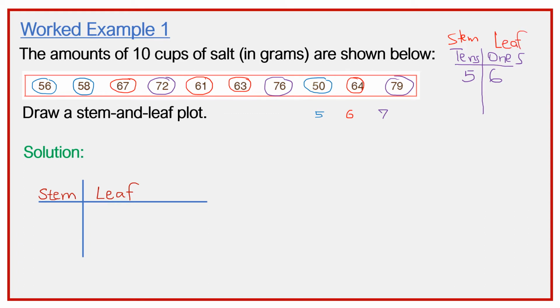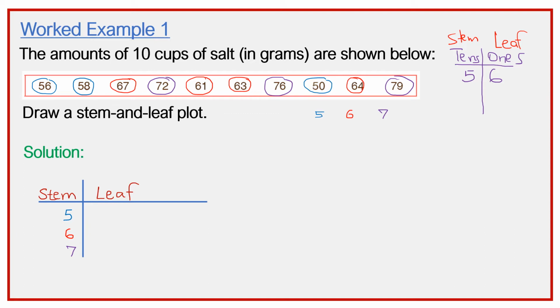Now, I will write these numbers from smallest to the biggest. Let me first of all write 5. Next, I write 6. And I write 7. Now, I will begin with 50s.